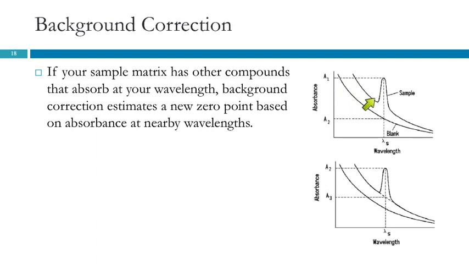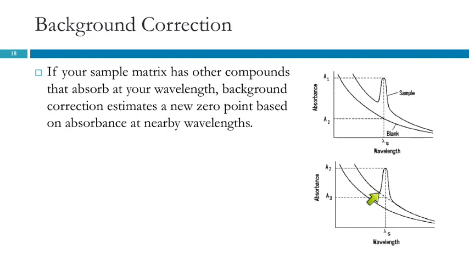And so there's something else in here that's absorbing, right? And it's not uniform. And so if we're measuring against this, which is where our auto zero got set, we're going to be overestimating our sample, right?